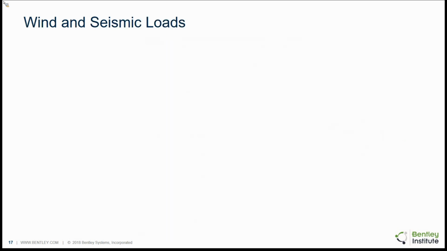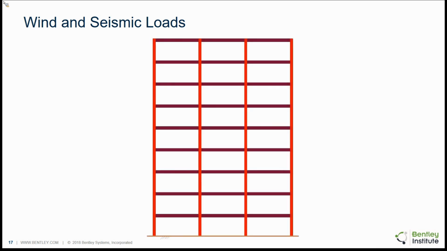I want to step back. I know I indicated this is about the vertical loading, but I do want to address quickly here wind and seismic loads. Again, we create a model of the entire structure analytically, and then we apply wind and seismic and do the analysis. In the real world, that's the way a real building behaves. The building is in place, presumably, before the design wind and seismic loads strike that structure.